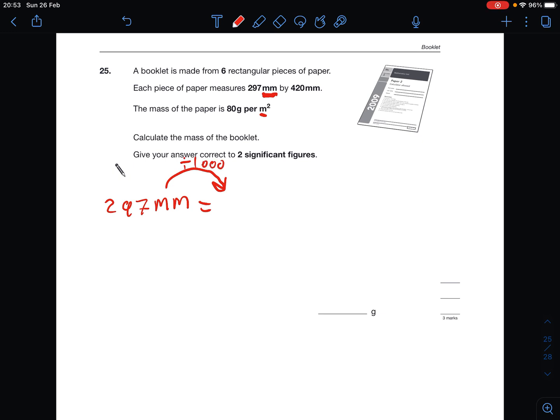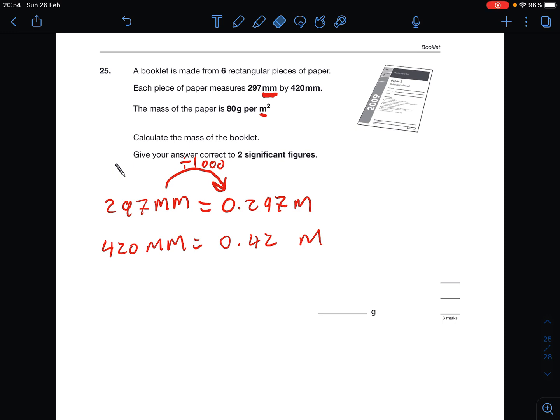Okay, if you want to turn it into centimeters, dividing by 10, and then centimeters into meters, dividing by 100. Fair enough, but I'm just going to go straight into 1000. 0.297 meters, and 420 millimeters is 0.420 meters. Obviously, I don't need that 0 at the end, so let's get rid of it.